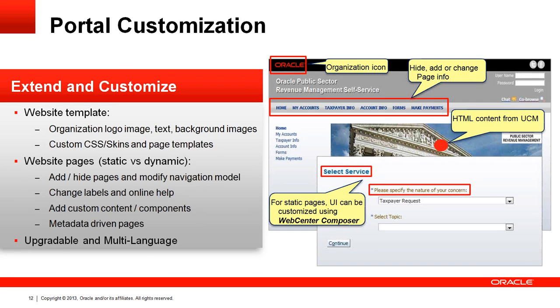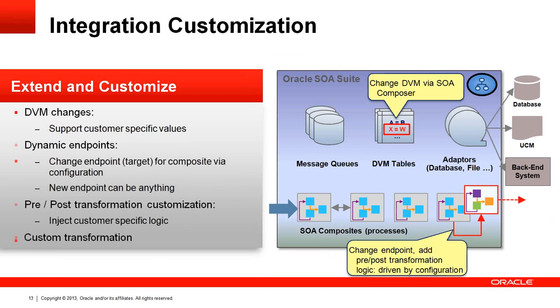The next part of customization we'll discuss is the integration layer customization. So in order to allow us to connect to other systems and to be able to add existing logic or change provided logic to suit other business requirements, there are a lot of customization options that are allowed in this layer.